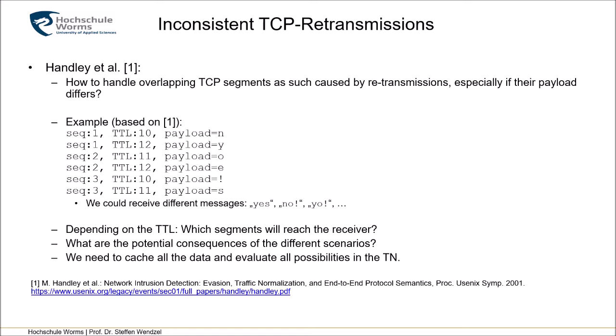So it would need to cache all the data and evaluate all possible consequences. But that's very time consuming and could, in the end, actually lead to an attack against the normalizer, because you just exploit its cache and let the cache grow and grow, so the normalizer becomes more and more exhausted, and in the end it might cause a denial of service attack.